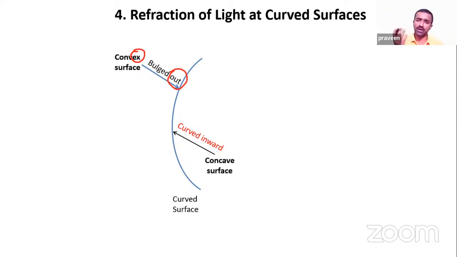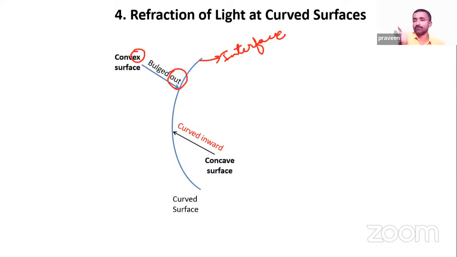So maybe you have different surfaces. This you can consider as the interface. This blue colored curved line is given. So this is now your interface. So this interface is now a curved surface. Maybe on one side you have a denser medium, on the other side a rarer medium.